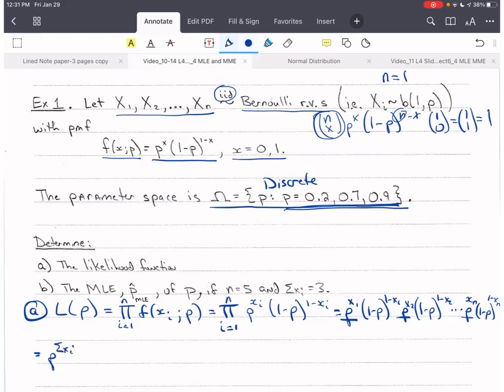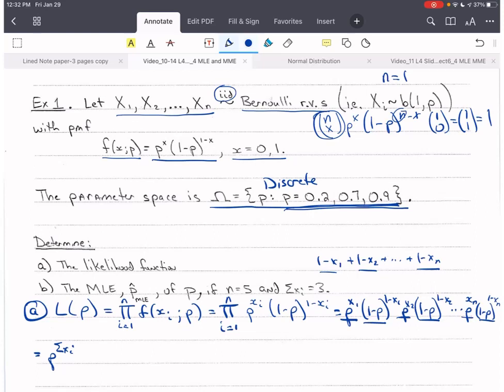Now, I look at the term 1 minus p. Again, 1 minus p is the same value for all of these. So I multiply them, so I need to add their exponents. I'm going to end up with 1 minus x1 plus 1 minus x2 plus all the way up to 1 minus xn. There are n of these terms. So if I have 1 and I add it n times, that's going to be n.